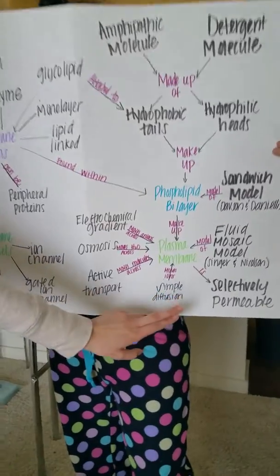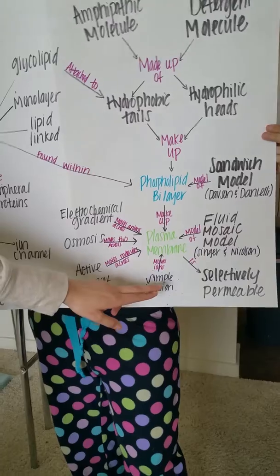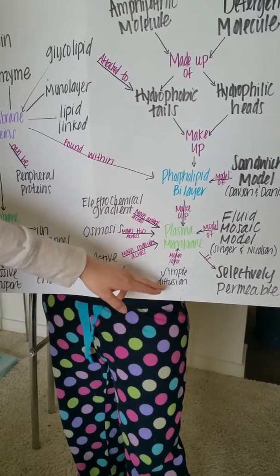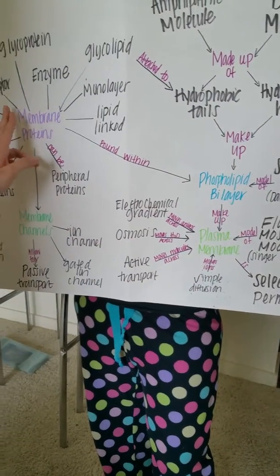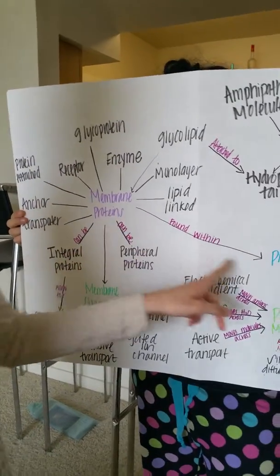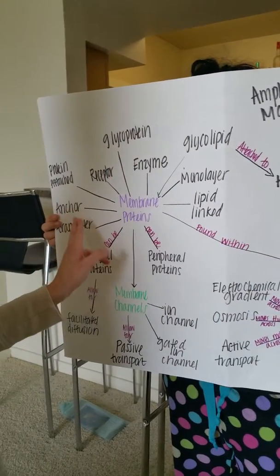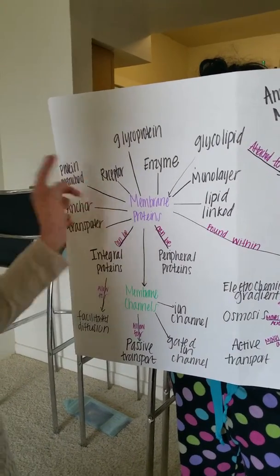Simple diffusion doesn't require the help of membrane proteins, which brings us to the side of the concept map. Membrane proteins are found within the phospholipid bilayer, and there are several types of membrane proteins.